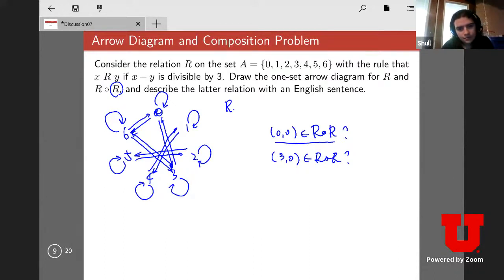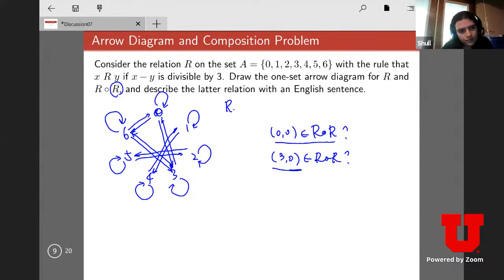Any type of double composition, if that satisfies, then that element is in R composed with R. So we have all of the double ones too. That means this diagram right here is also the diagram for R of R.